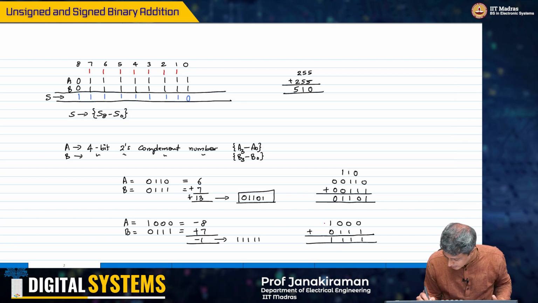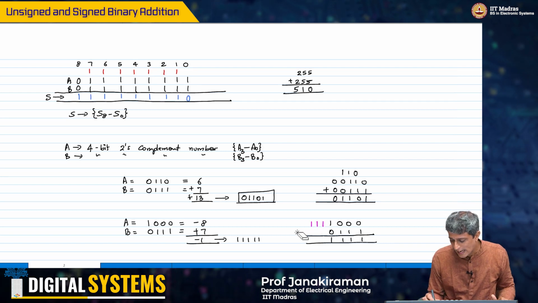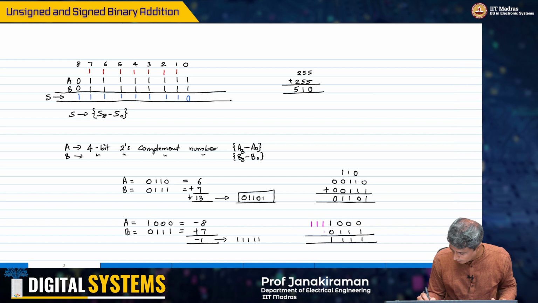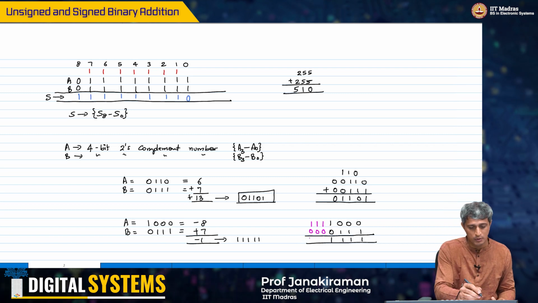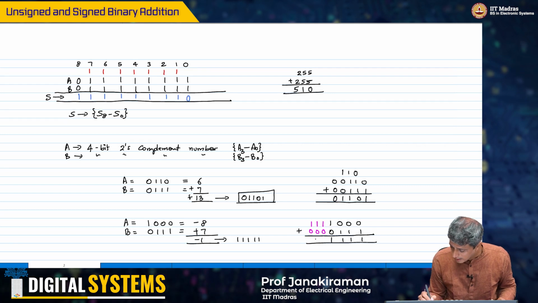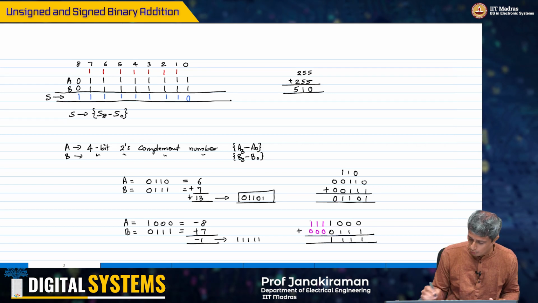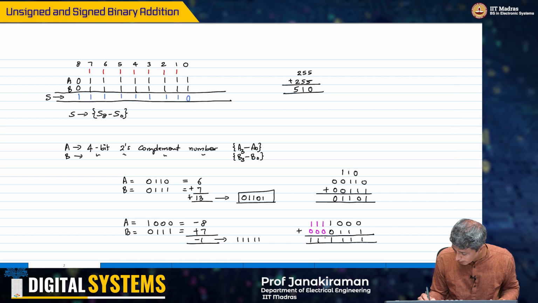So I will sign extend now in a different color. I can extend this to as many bits as I want for both of them, because they are 2's complement numbers, and then I do the addition, and you can use as many bits as you want. You will get the answer.